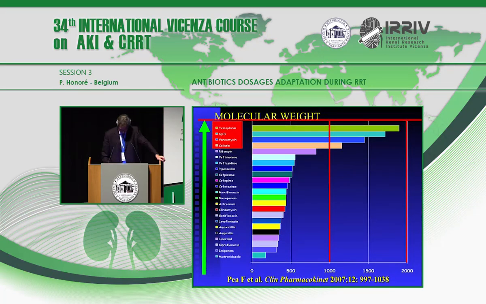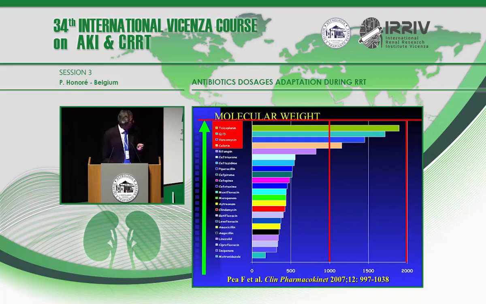Okay, so 4 rules. First, molecular weight. Second, protein binding. Third, hydrophilicity versus lipophilicity. And fourth, volume of distribution.